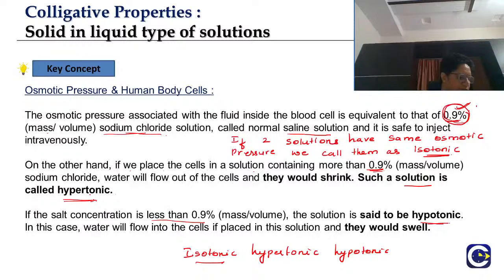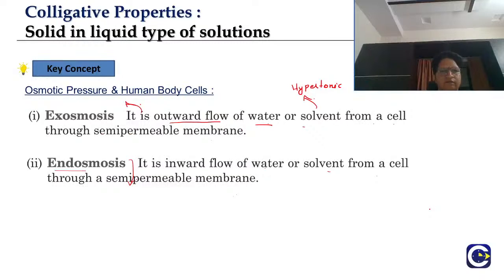If it happens the other way around, with a less concentrated solution, water from the liquid will go into the blood and make the cells swell up. Such swelling happens when we take a hypotonic solution.